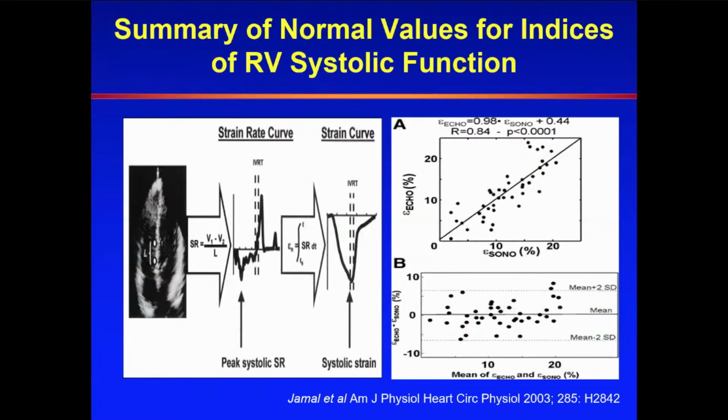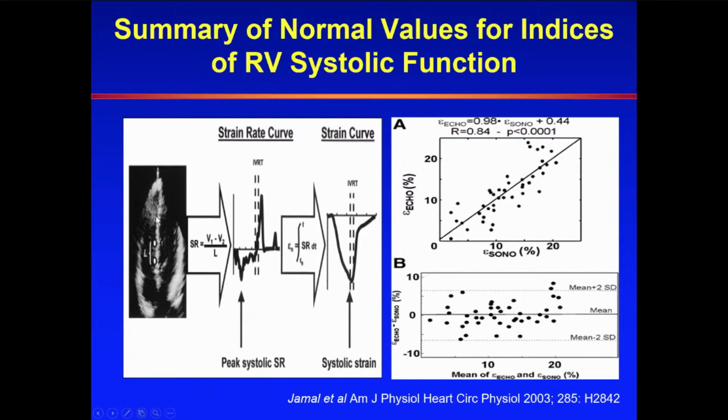Now that we've talked about systolic motion, let's talk about something that overcomes the issue of systolic motion and the effect of tethering of one segment on another. To circumvent these problems, strain and strain rate were introduced. First, they were introduced by tissue Doppler. Tissue Doppler is a very tedious approach.